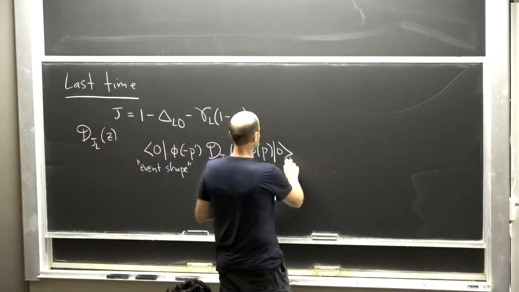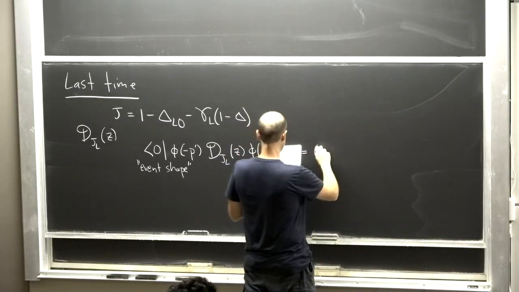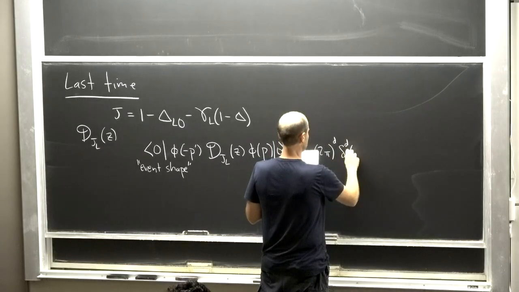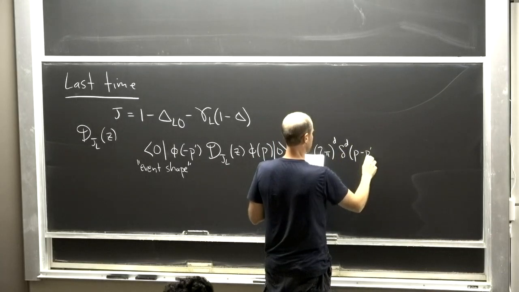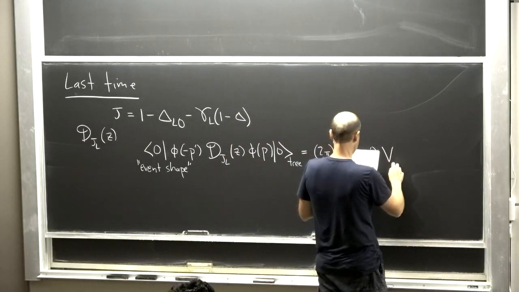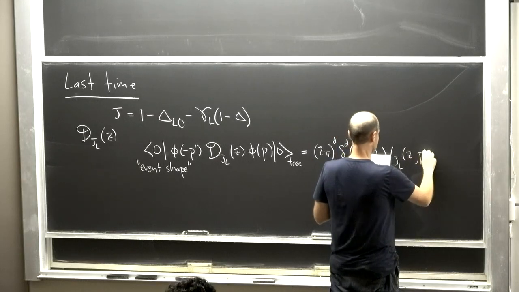So at tree level, this event shape looks as follows. First of all, there's a momentum conserving delta function. And then there's what I'll call a vertex factor, which depends on z and p.